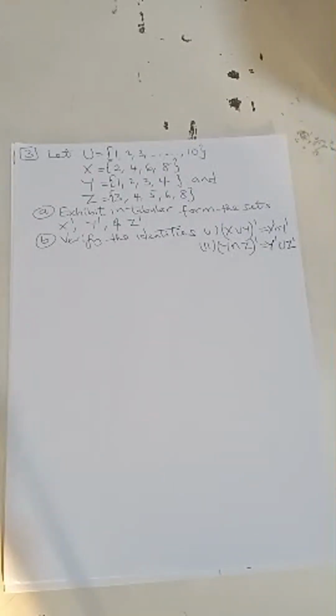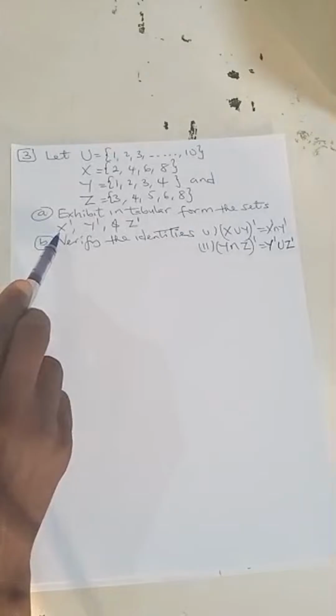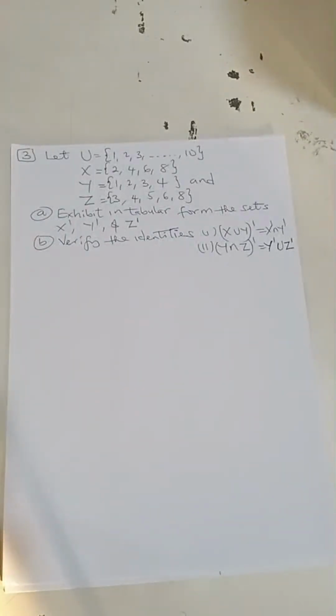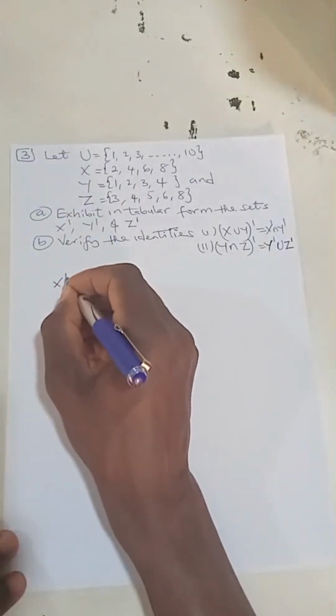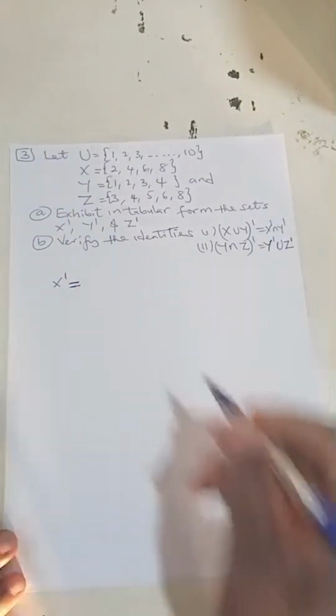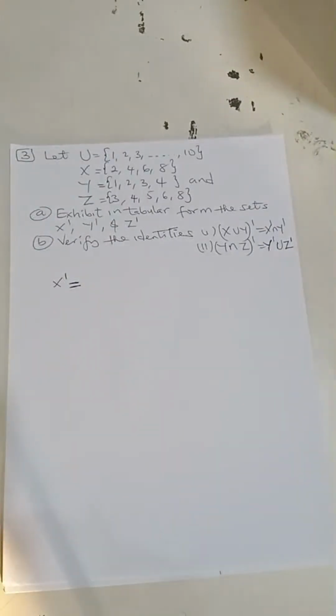And we are told to exhibit in tabular form the set X prime. X prime means X complement. Y prime means Y complement. Z prime means Z complement. So let's quickly get those values. When you are finding your X complement, we are going to remove the elements in X from the universal set. 2 is there.